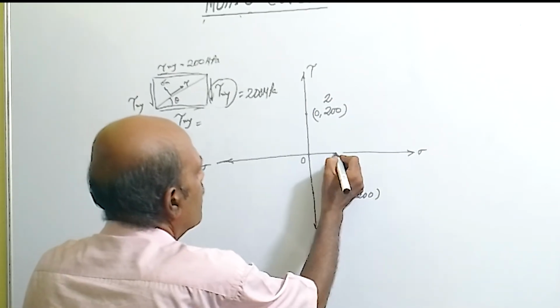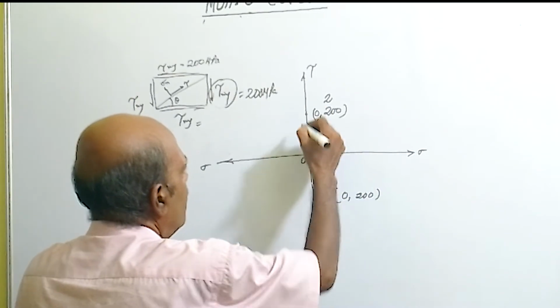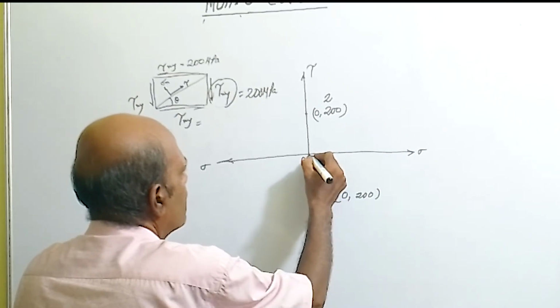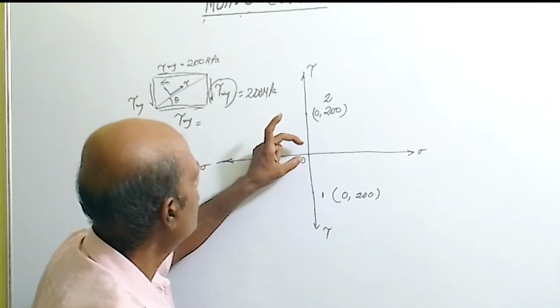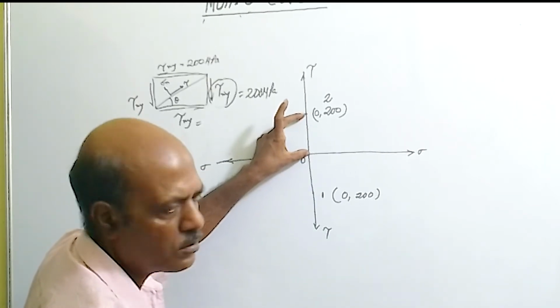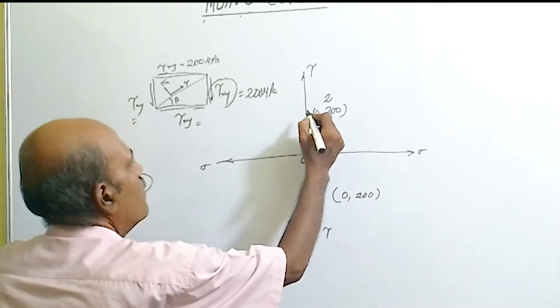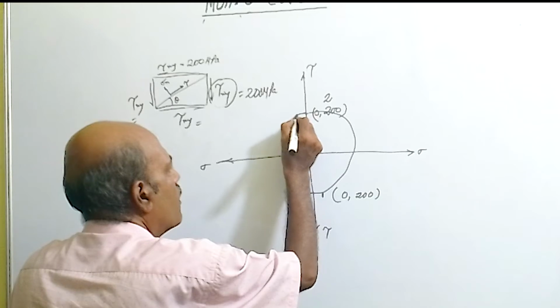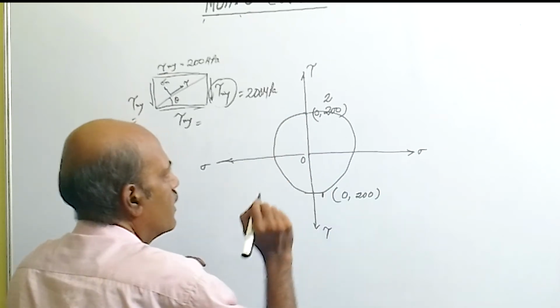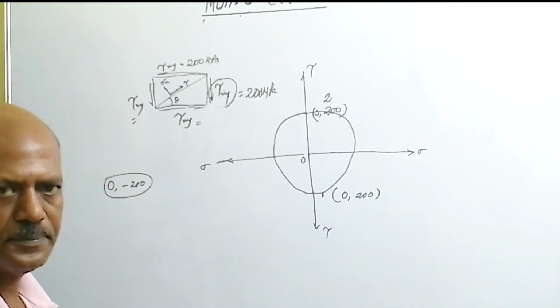Now we can easily draw the Mohr circle by dividing this into 2 parts, and this will be the center of the Mohr circle. Now complete the circle. So we have got the Mohr circle.